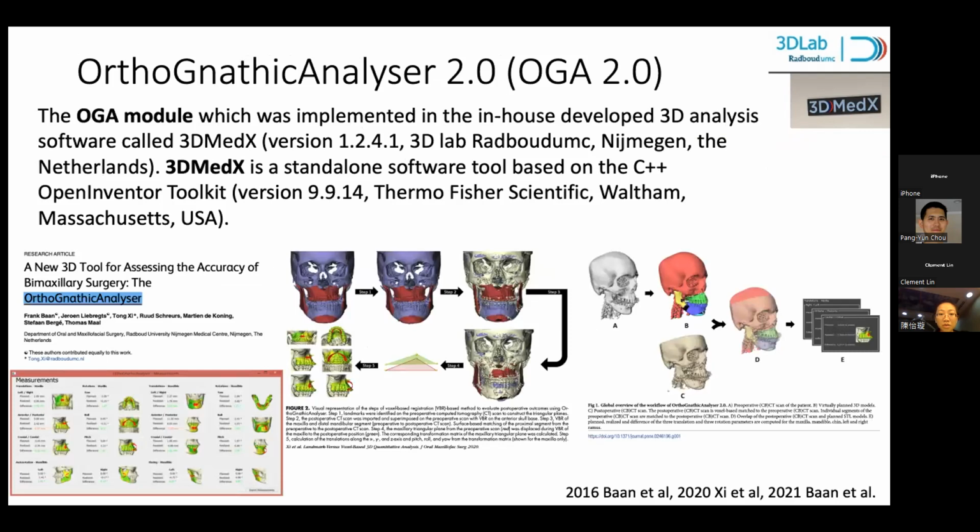First, I'll introduce OGA version 2.0. OGA is an abbreviation for orthodontic analyzer version 2.0.